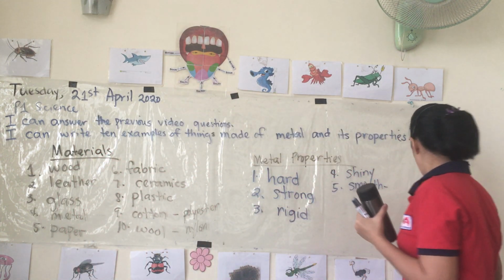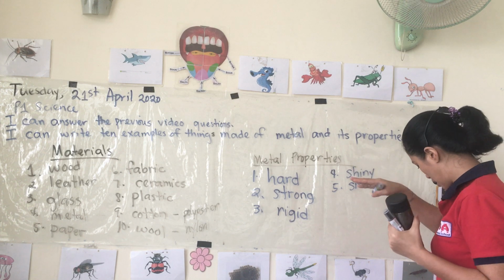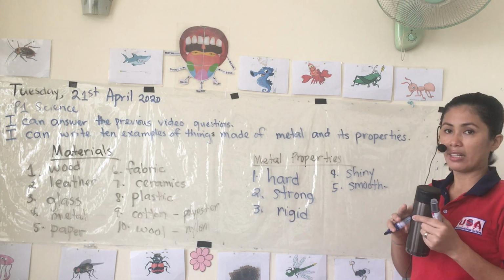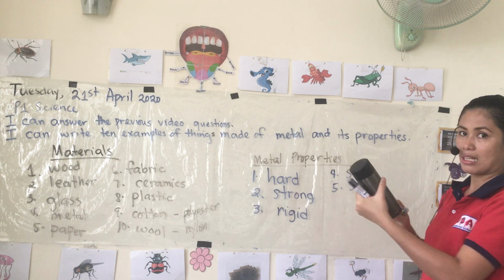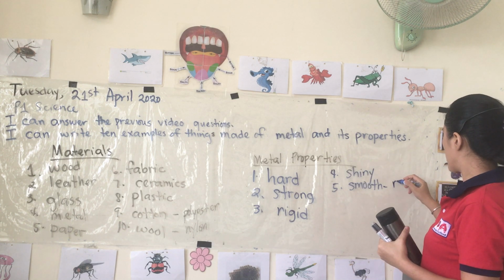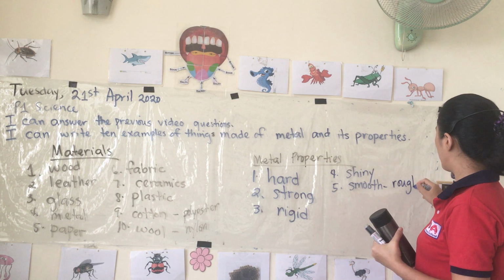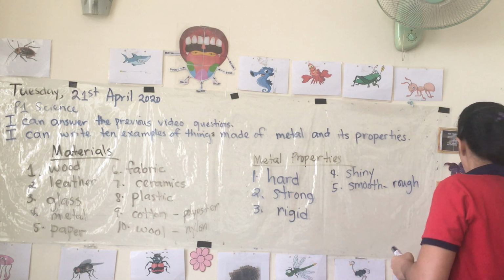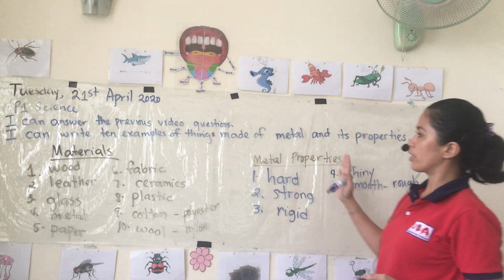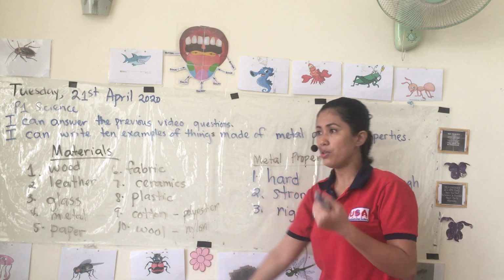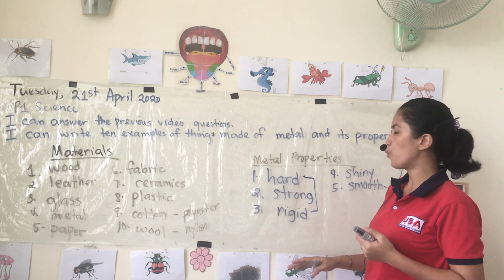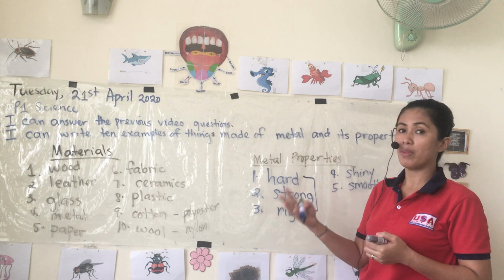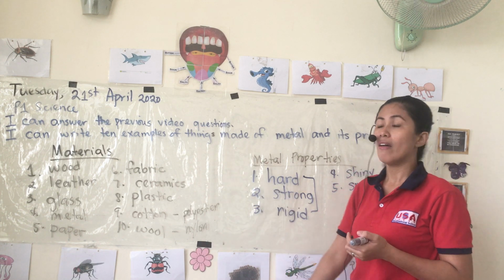Some metals are a little bit rough, especially if there's a design on it, like a zigzag design that makes it rough. Some metals are rough depending on their design. Okay, so these are the materials we found in the video, and these are the words that describe the metal also found in the video.